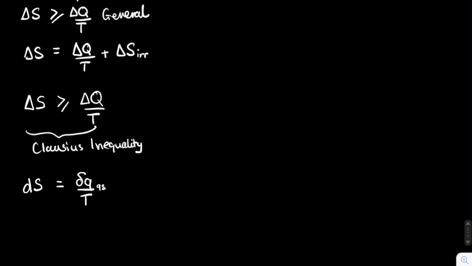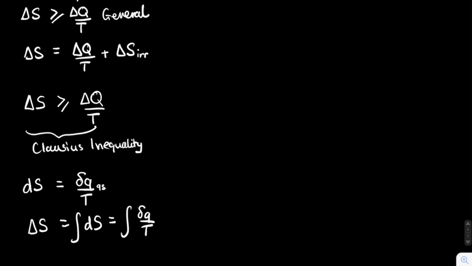If you want to get the total entropy change, then you simply have to do an integral over dS, which is exactly the same as the integral of dQ divided by T. Remember, this is all quasi-static. We're just going to pretend everything's quasi-static from now on, so we don't have to worry about extra terms like this here. So that is how to calculate the change of entropy.